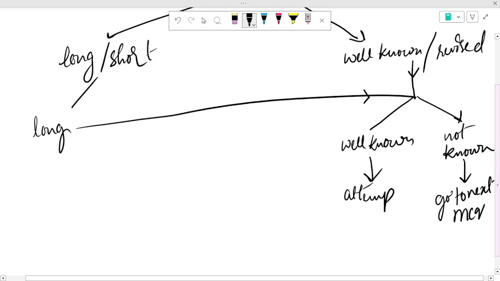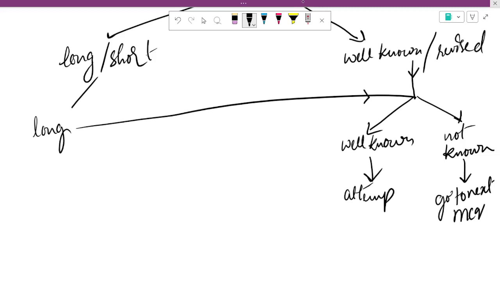That's it. Simply go to the next MCQ. But if it is a short question, don't even try to think about whether it is well known or revised. You try to attempt it, because short questions you can always attempt.